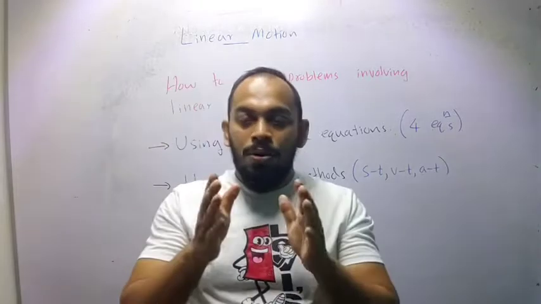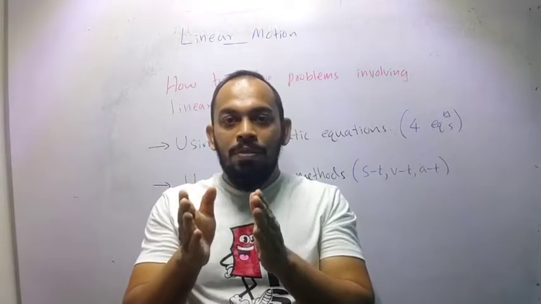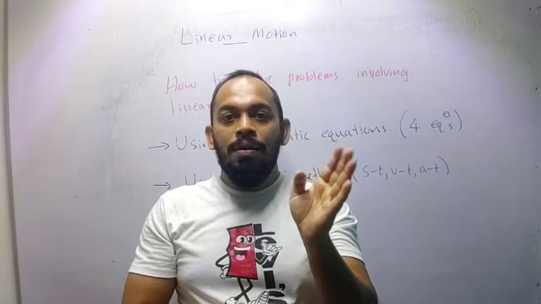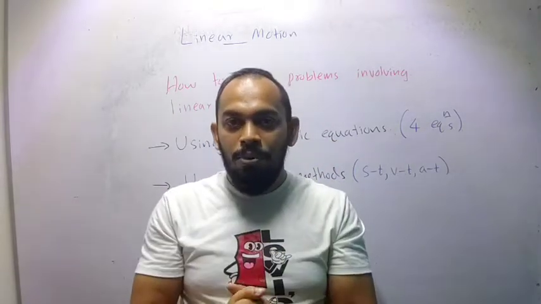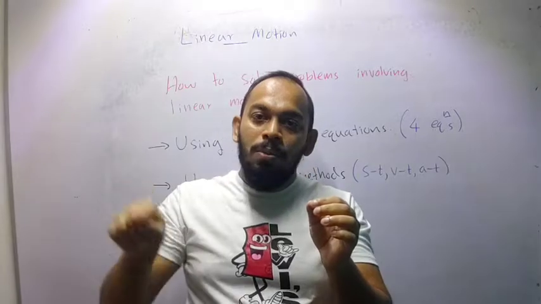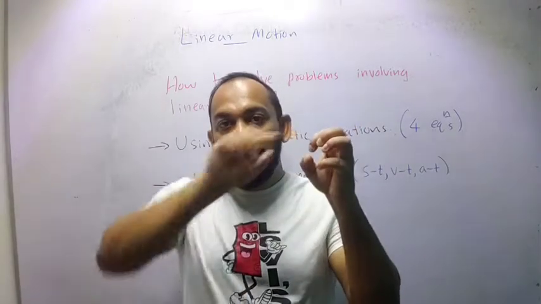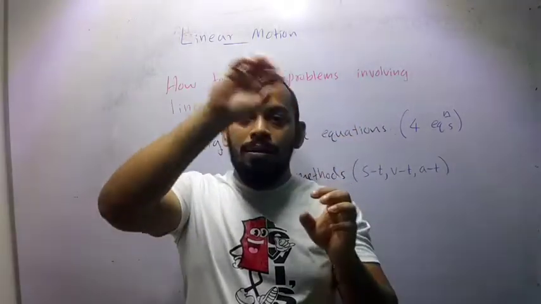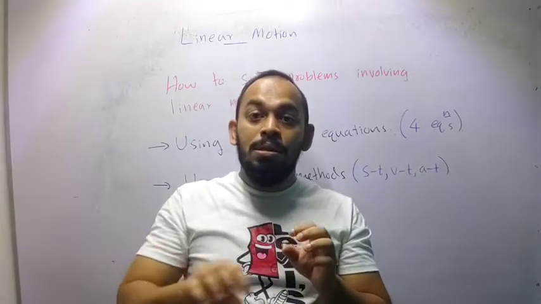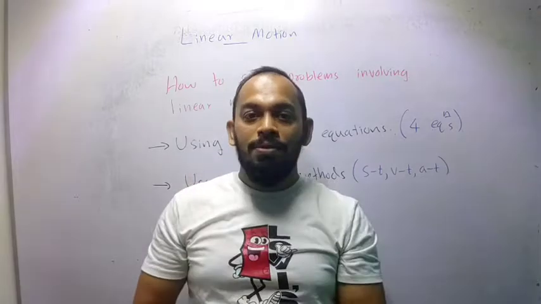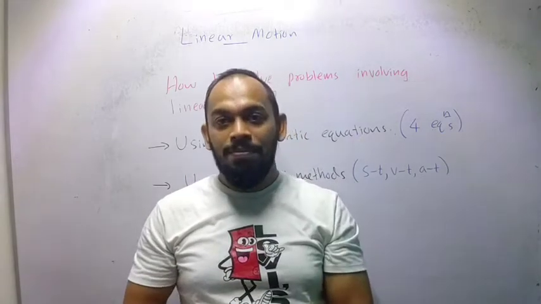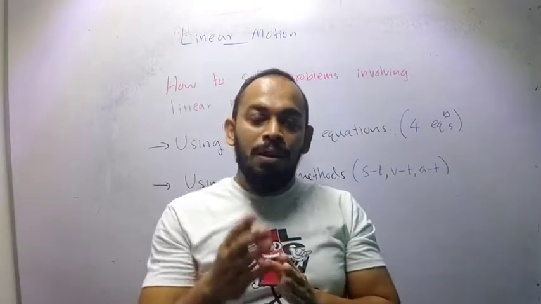For a velocity to change, either the direction or the magnitude can change. When you consider circular motion, you can see even the magnitude of the speed is consistent throughout the circular motion. The direction of the velocity changes, right? So there will be an acceleration. Okay, the direction of velocity changes.